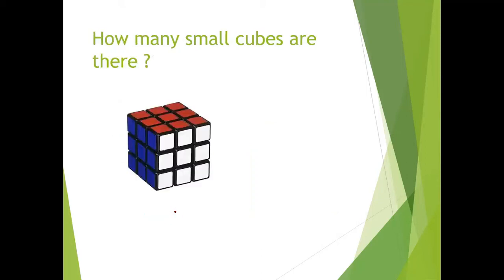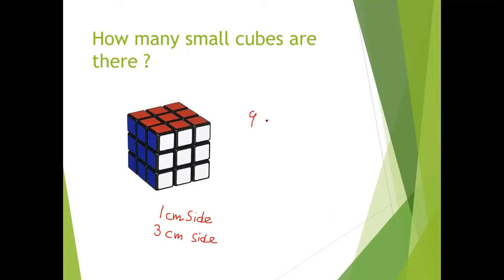Now, how many small cubes are there in this cube? Let's suppose the small cube has a side of 1 centimeter. Now, to make a cube with a 3 centimeter side, how many cubes will I need? Let's count the cubes. 1, 2, 3, 4, 5, 6, 7, 8, 9, and there are layers of 9 cubes, 3 times.